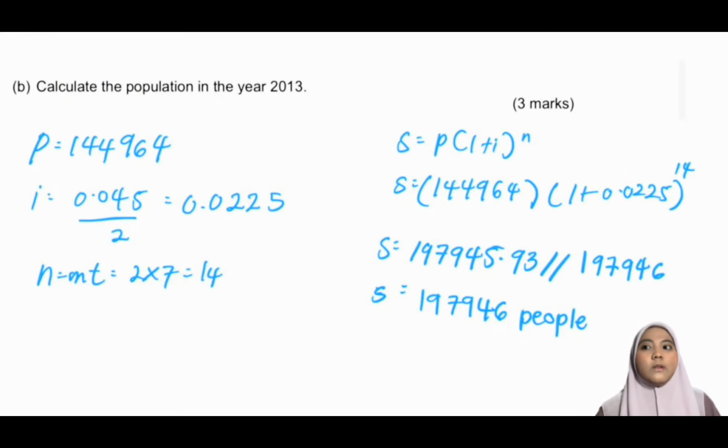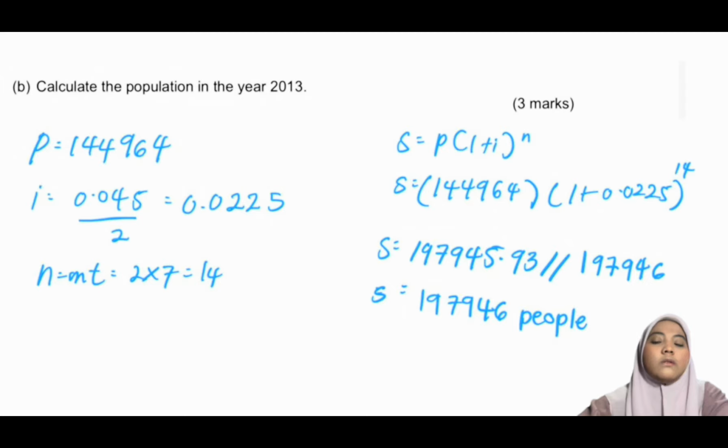For the second question, B, we need to calculate the population in the year 2013. So P, we need to use the previous S for our P, that is 144,964. I equals 0.045 over 2, and we simplify it to get 0.0225. So N equals M multiplied by T, that is 2 multiplied by 7, and we get 14.